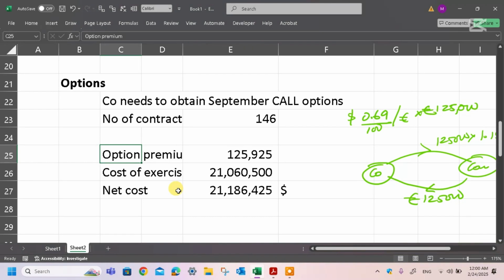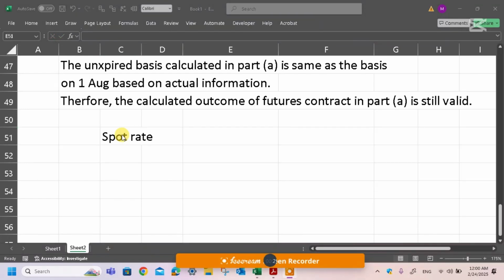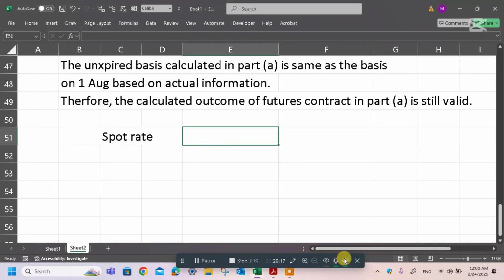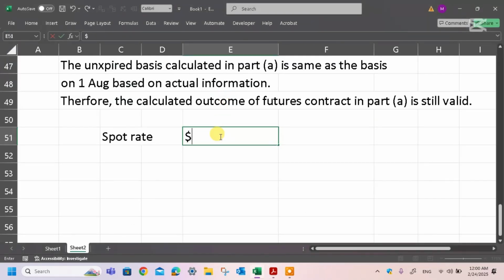But imagine if the market rate is more favorable than exercising the option, you're not going to exercise the option. Let's check that here. Spot rate is here $1.1534, 1.1534 per euro.